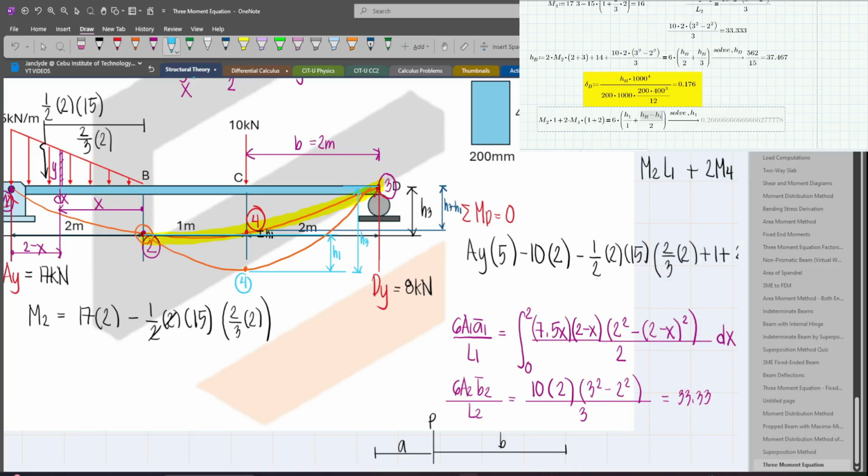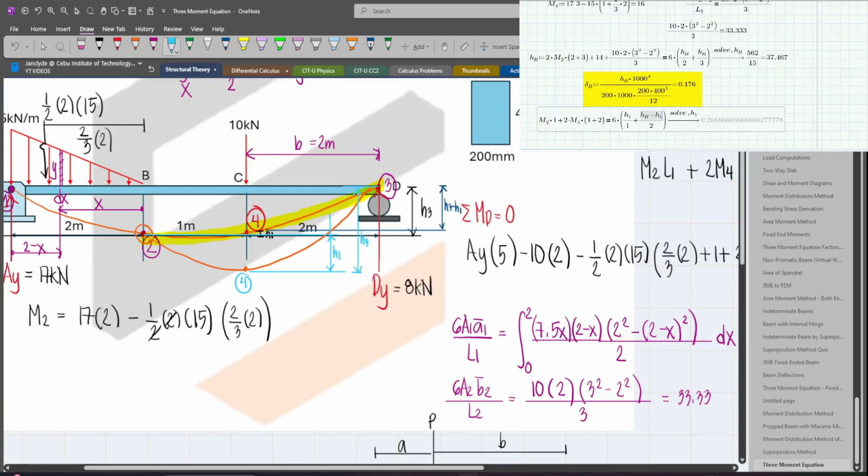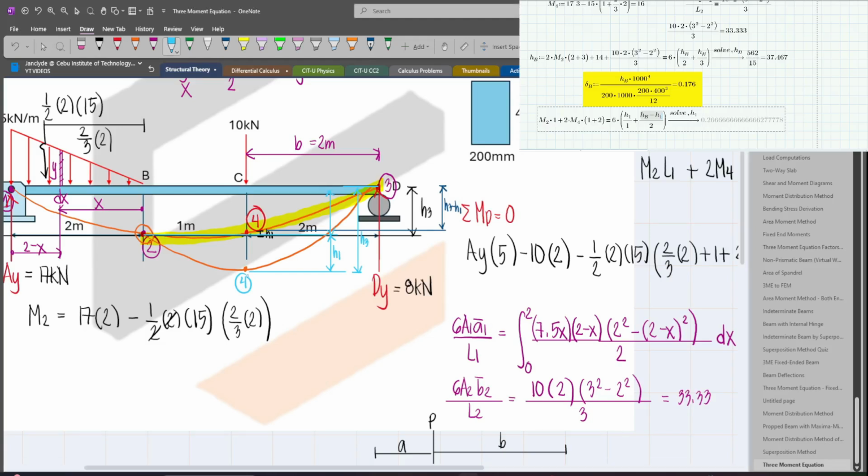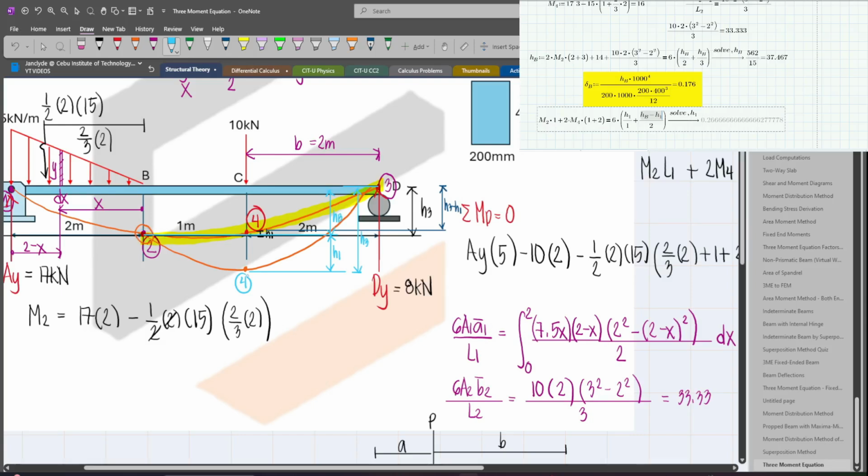So ngayon, if this is our figure, then magchi-change yung equation natin. Bale, H1 over 1, then magiging positive yan. Now, this distance naman is equal to the deflection at B. Ayan, di ba? H sub B yan, going to 0.2.